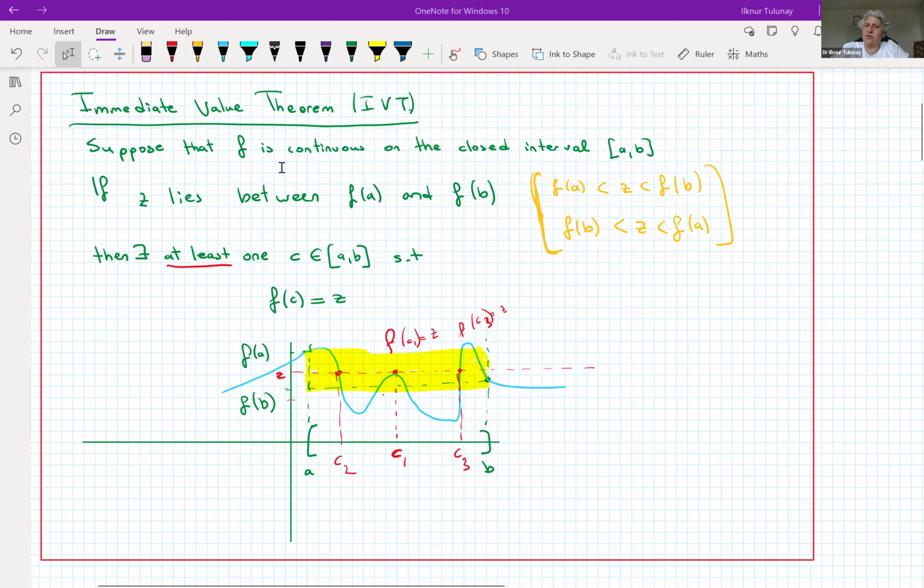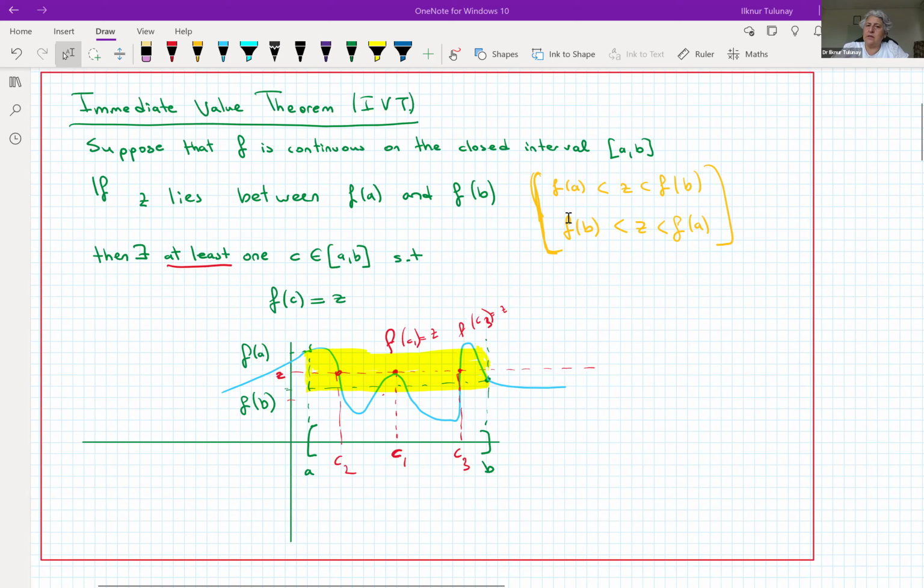Suppose we have a function f, which is continuous on the closed interval, and we have z, which lies between f(a) and f(b). Saying this could be done in two ways. f(a) could be smaller than f(b), then we have this inequality, or f(b) could be smaller than f(a), then we have this inequality.